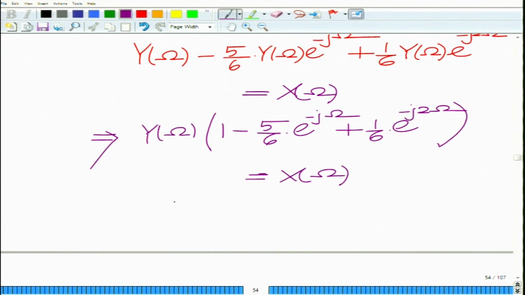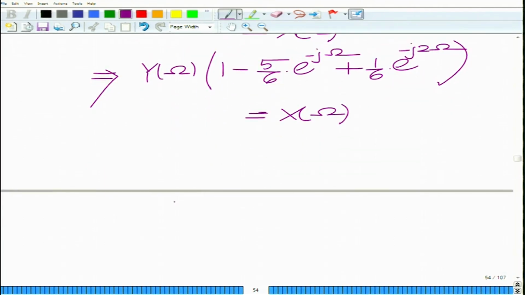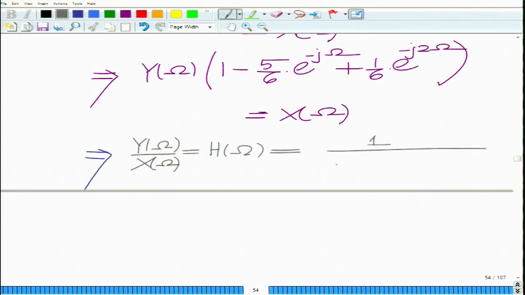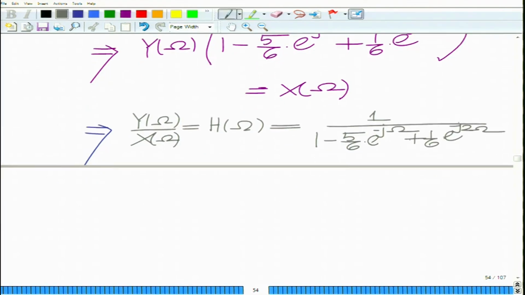X(omega), which implies Y(omega) over X(omega), that is H(omega), equals 1 divided by 1 minus 5/6 e to the power minus j omega plus 1/6 e raised to minus j 2 omega.